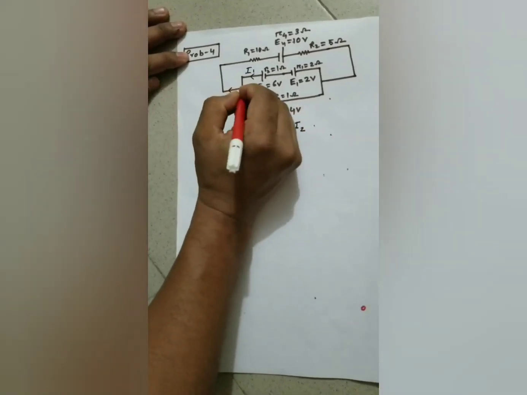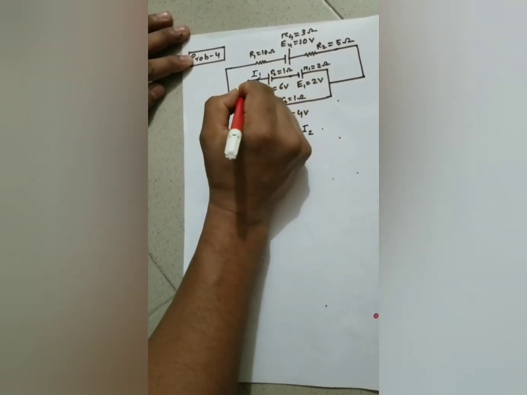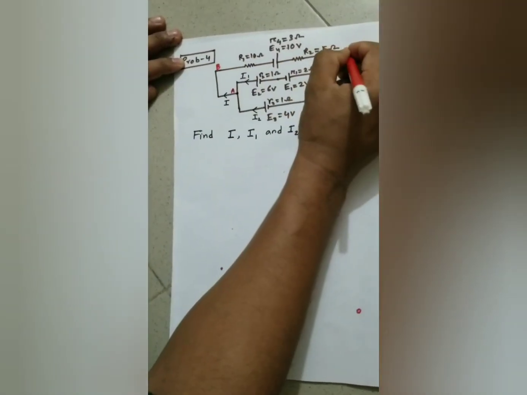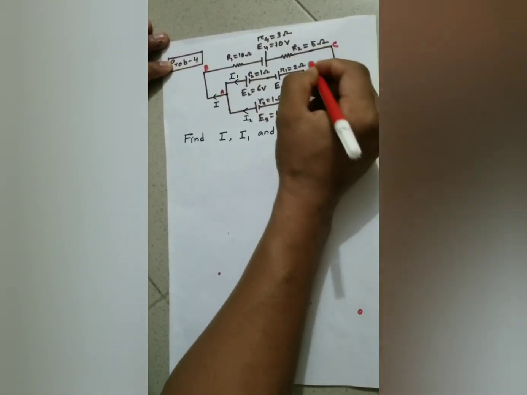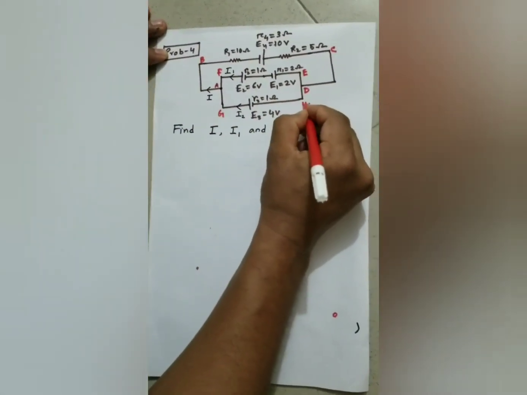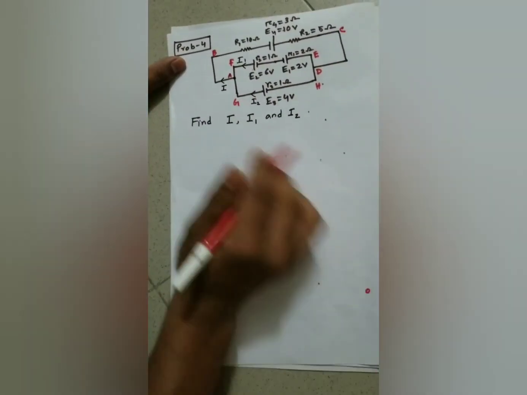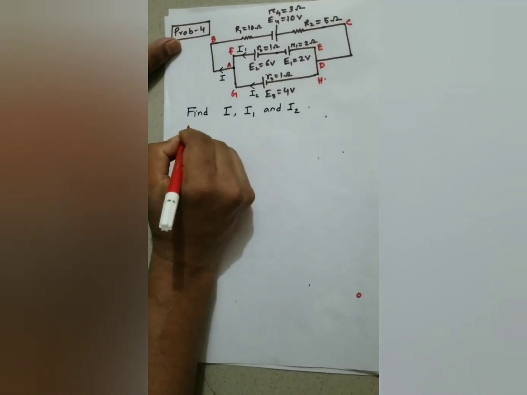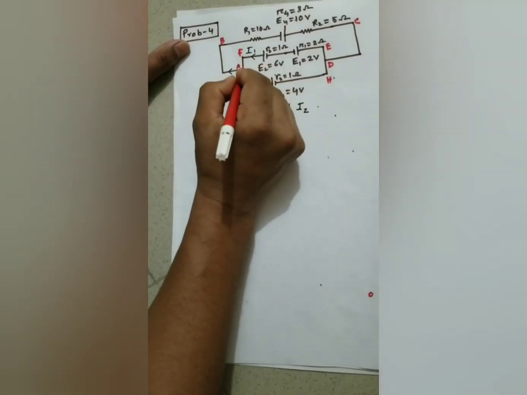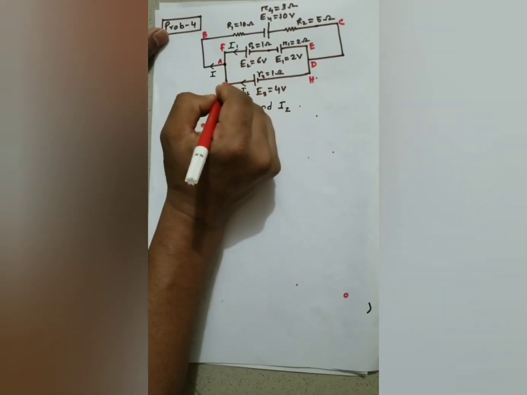First we have to denote the several points at the junction points, such as this is point A, and then B, C, D, E, F, G, H. So, junction law (KCL) at point A. At point A, I is outgoing and I1 incoming, I2 incoming.